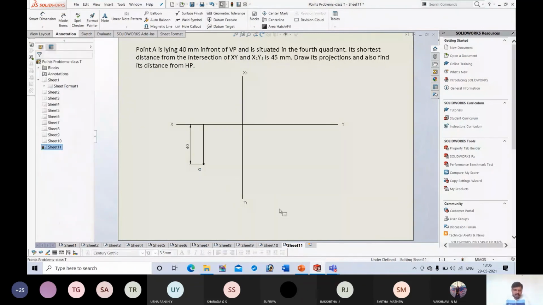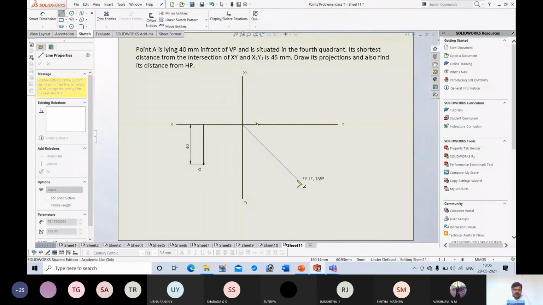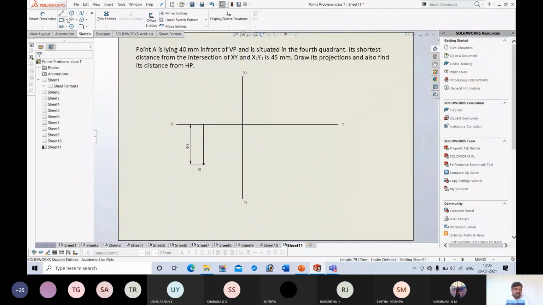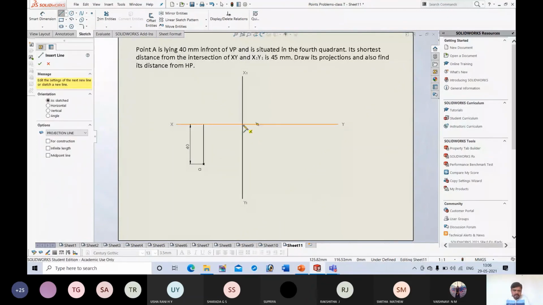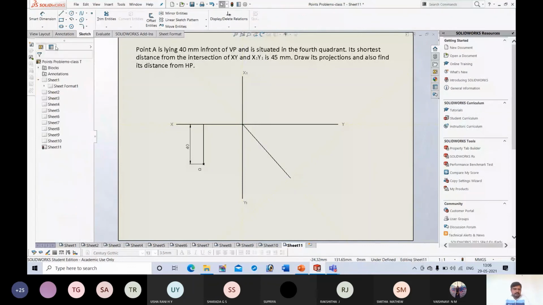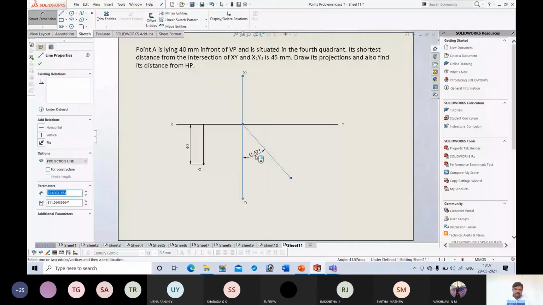Okay, next. I know the procedure to get a profile view. If I know the top view, I should rotate it by 90 degrees. In order to do that, I will draw a 45-degree inclined line. Since the top view is below the XY line, I will draw this 45-degree inclined line below XY. The angle between these two lines should be 45.